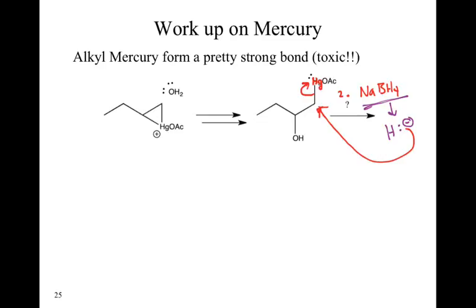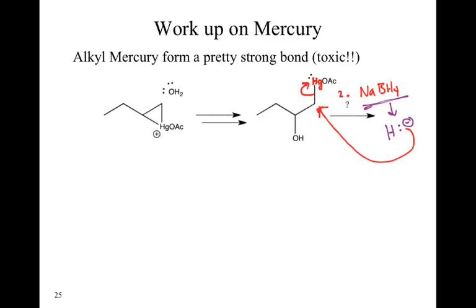Which is kind of a neat process, and we would kind of leave it there, except since we're talking about the mechanisms, we're going to push it a little bit further and see why we need the borohydride. Why do we need the boron? Why don't we just add sodium hydride? So number one issue, hydride is incredibly tiny, which means it is incredibly unstable and not very likely to act as a nucleophile.